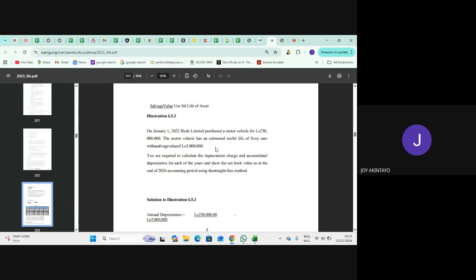When you see salvage value or residual value, it is the same thing. So we are required to calculate the depreciation charge and accumulated depreciation for the period.